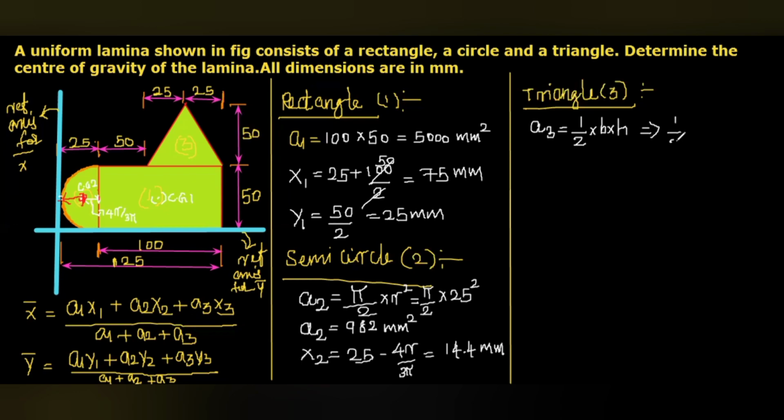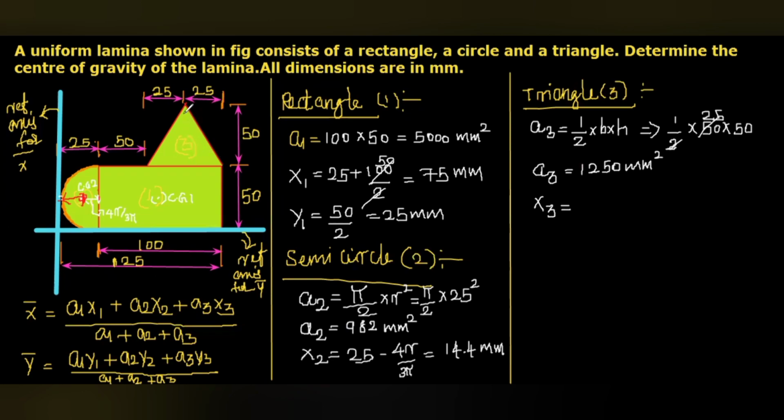So 1 by 2 multiplied with 50, the base, and the height, that is also 50. If we simplify, we get 25 multiplied with 50. So the A3 value is equal to 1250 mm square.